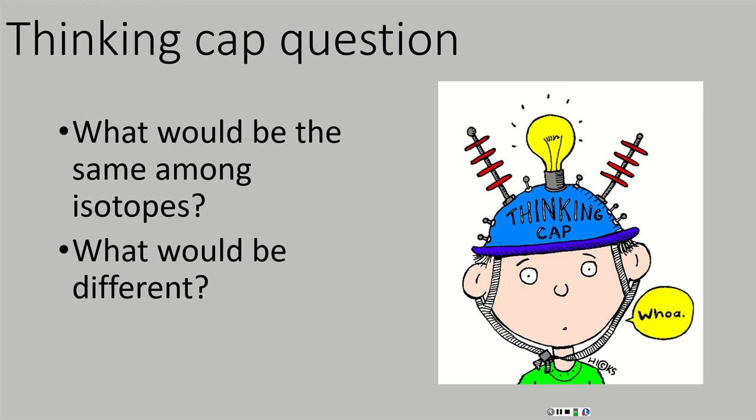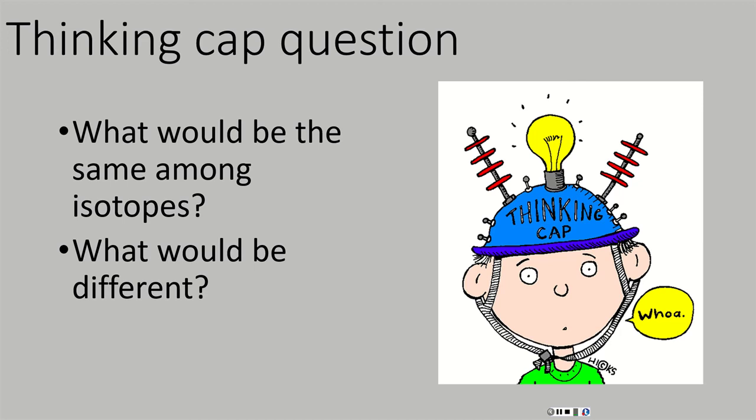Well, we would have the same name, we would have the same atomic symbol, H, we would have the same atomic number, 1, which is the same as the number of protons, 1, the same number of electrons, 1.